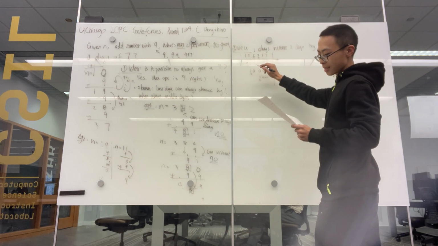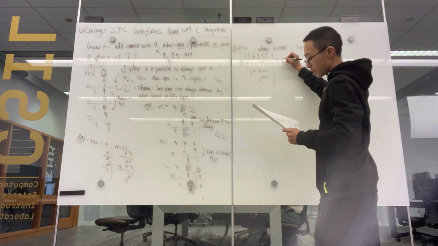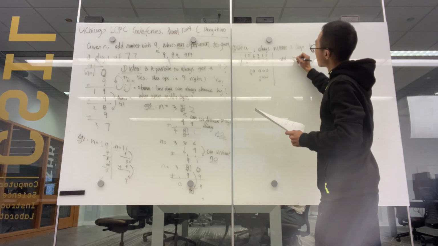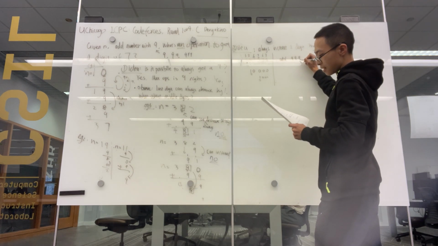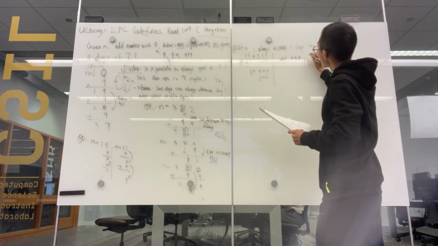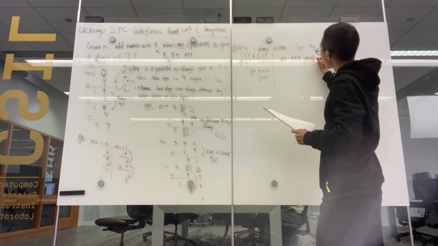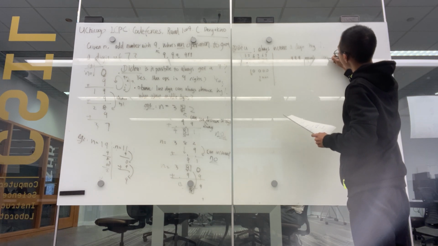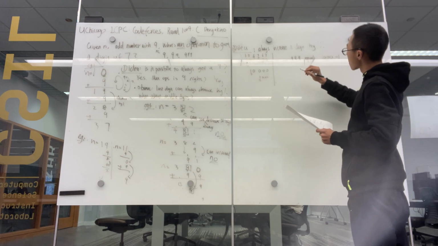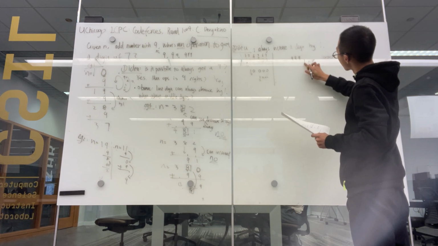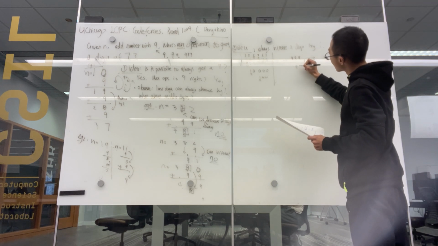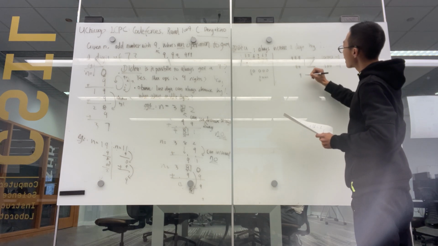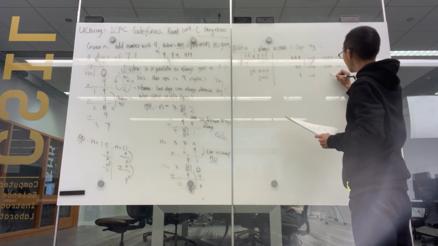So 999 equals just adding 1 with 3 zeros minus 1. 99 is just 100 minus 1, and 9 is just 10 minus 1.